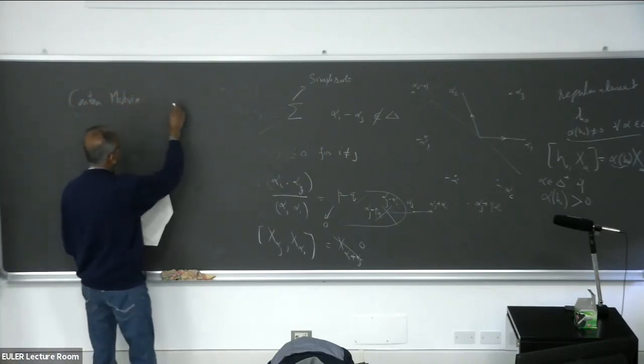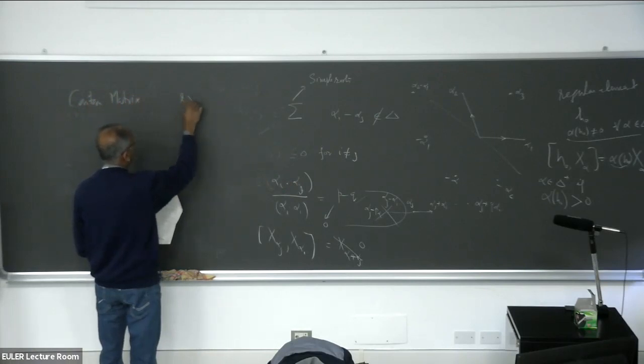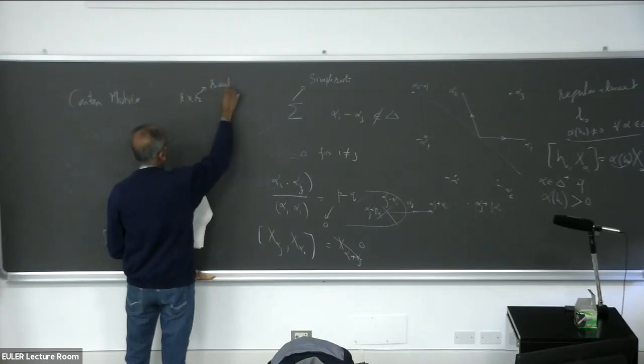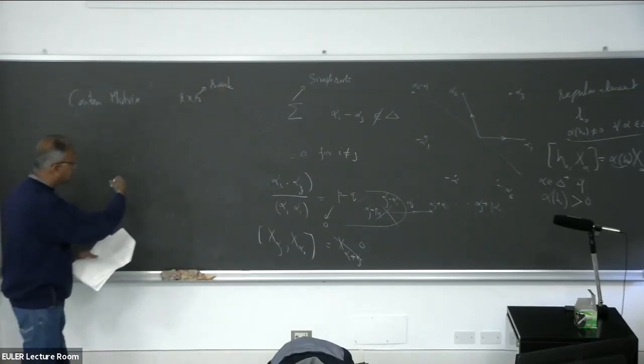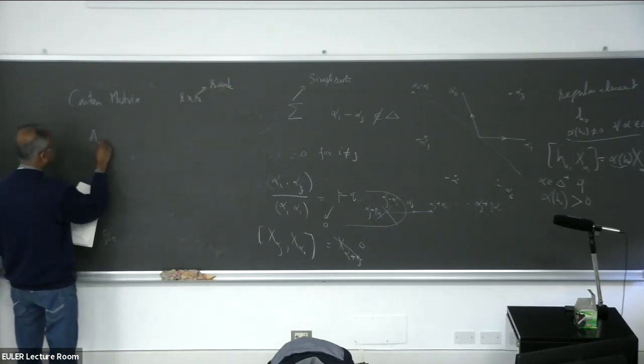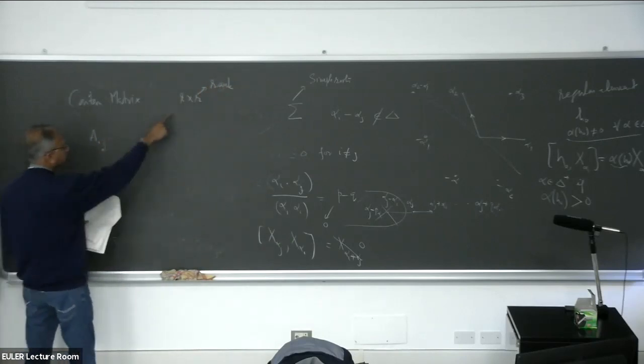This is a matrix which is rank times rank, an R by R matrix, and its entries are A_ij, where i and j are between 1 and R.